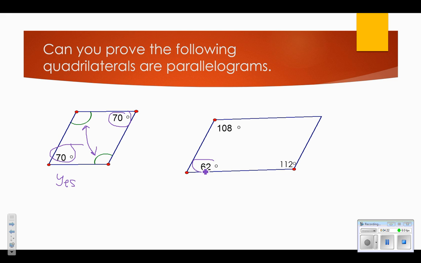We're going to add up these, and I wanted to actually make this an 18 instead of a 112. So 62 and 118 is definitely 180. So if we name that angle A and this angle B, those are supplementary. However, we have to have angle C and angle A supplementary as well, and 108 and 62 only adds up to 170. So this is not a parallelogram.